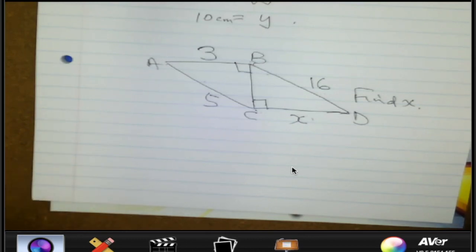Okay. But in case somebody does not get it, remember 5 centimeters, that length AC will be your hypotenuse because it is opposite your 90 degrees. So we know that BC should be less than 5, right? So BC is one of the 2 shorter sides. So when you take the 2 shorter sides and you square them and you add up the answers, you should get the square of the longest side.